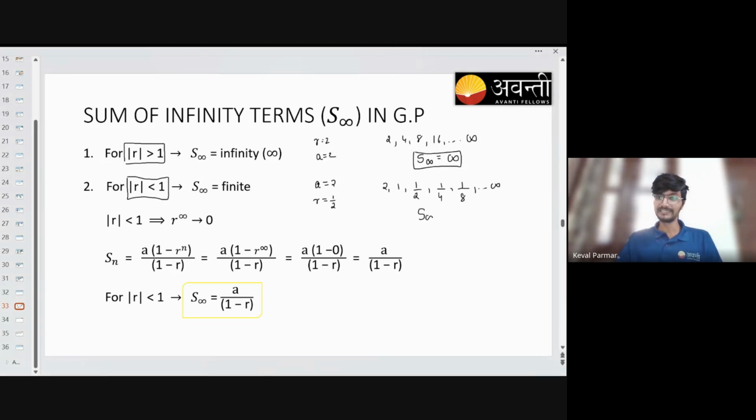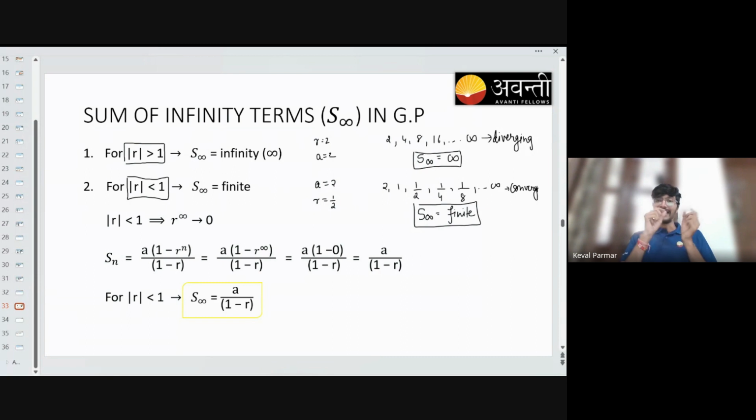In such cases, S infinity will be finite. Let me tell you one more technical term: such series are called diverging series, meaning the numbers are increasing continuously. And such series are called, you can guess now, converging series, meaning the numbers are getting decreased.